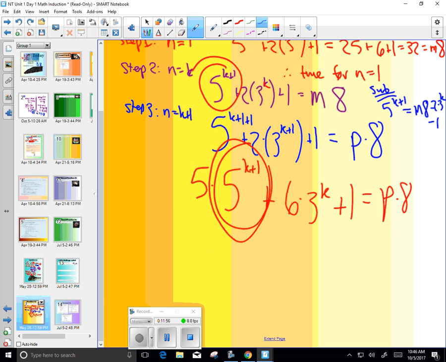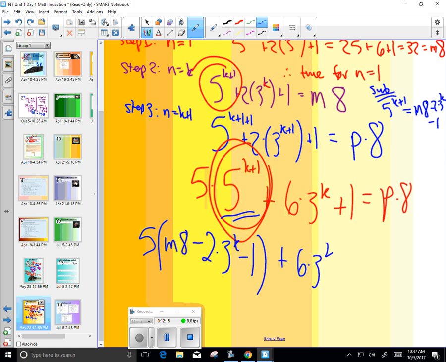All right, so 5 times, we're replacing this 5 to the k plus 1 with m8 minus, what is that, 2 times 3 to the k minus 1 plus 6 times 3 to the k plus 1 equals multiple of 8.